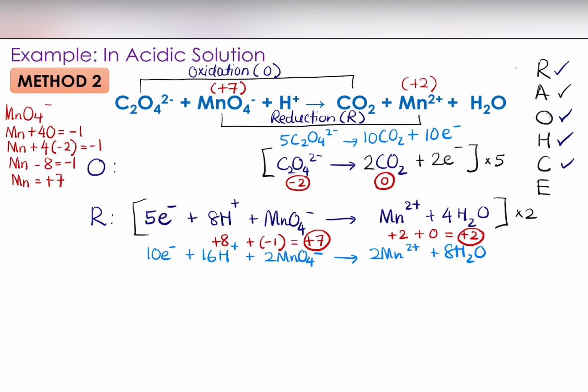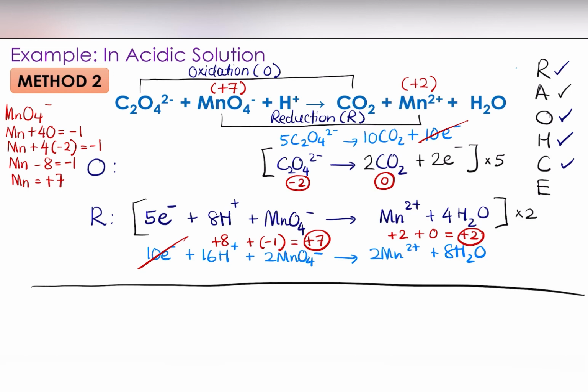So this is how my equation looks when I cancel electrons. So both have the same number of electrons, so I can cancel out. And the next one, I will combine all of them in one equation.